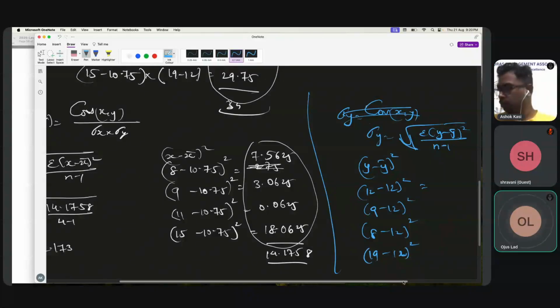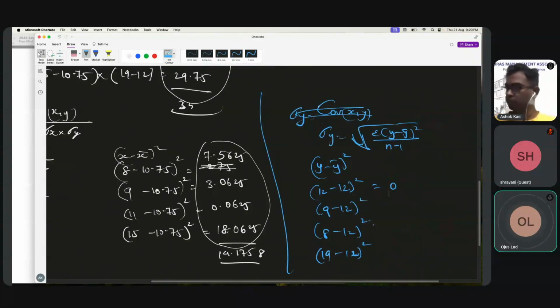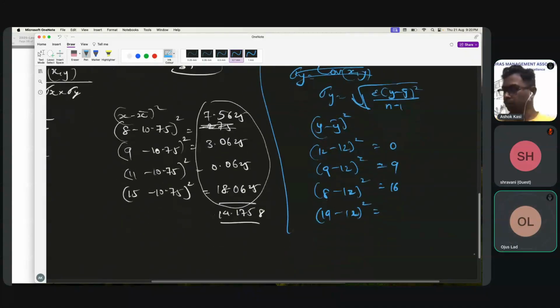Second will be 9. Third will be 16. Fourth will be 49.